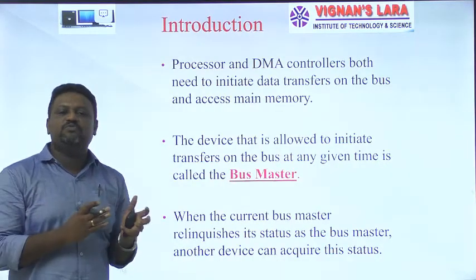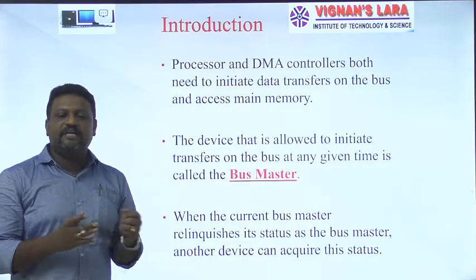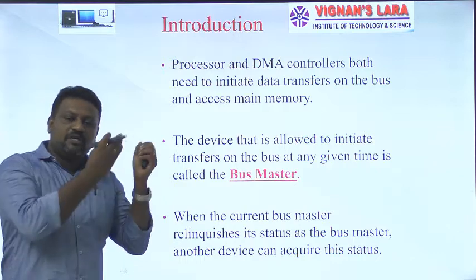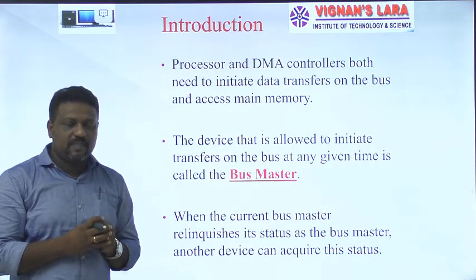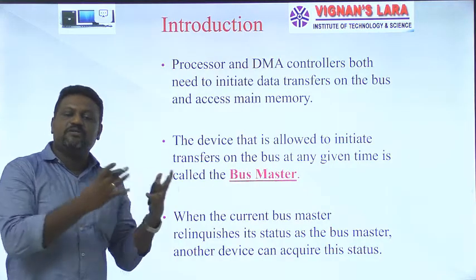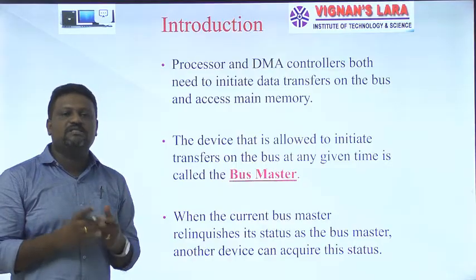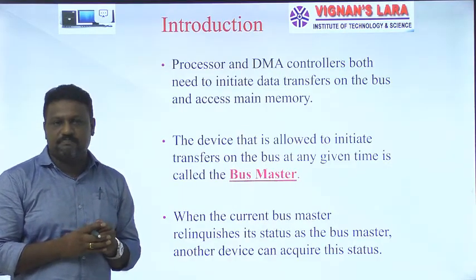Whenever any IO device wants direct data transfer with the memory elements, that IO device sends a request to the DMA controller. Then the DMA controller takes permission from the CPU to use the system bus. For that purpose, the DMA controller issues a request signal to the CPU, which we can call a DMA request, hold request, or bus request.